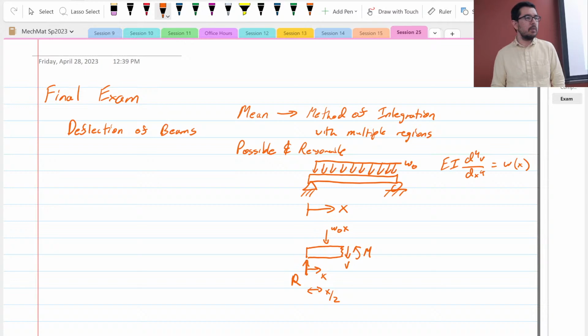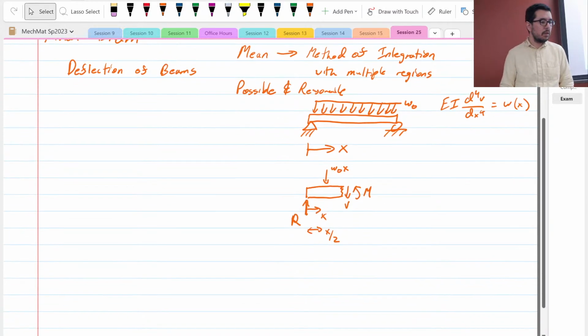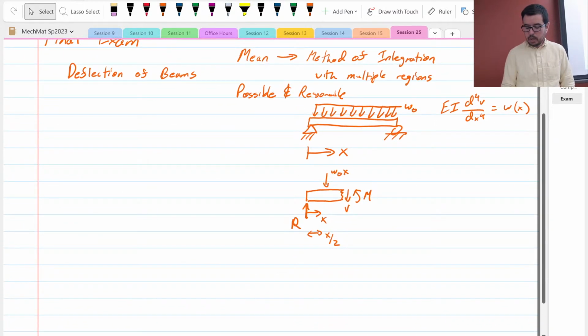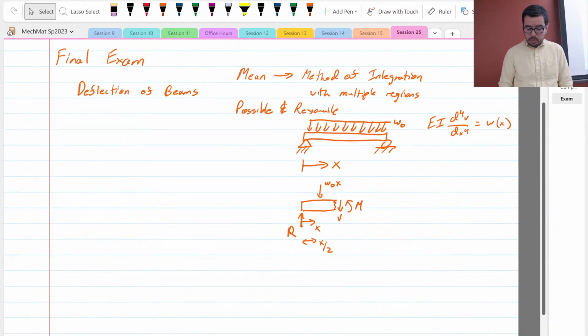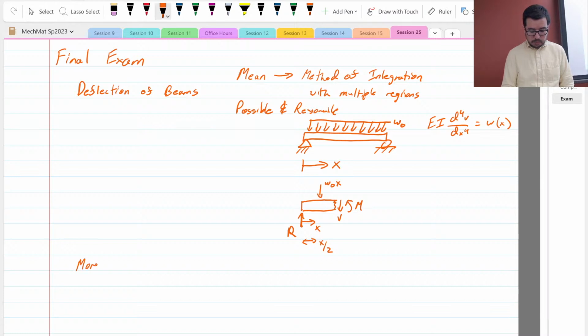This is very reasonable. But for more complicated situations with beams, or let's just be specific, for statically indeterminate cases, I don't think we'll do a method of integration.